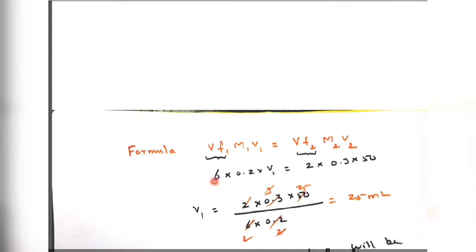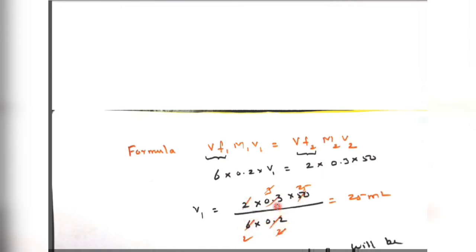In the cross multiplication formula, Vf1 into M1V1 is equal to Vf2 into M2 into V2. So the valency factor of potassium dichromate is 6 into 0.2 into V1, which we should calculate. The valency factor of sodium oxalate is 2 into M2 is 0.3 and the volume is 50. So V1 equals 2 into 0.3 into 50 upon 6 into 0.2.